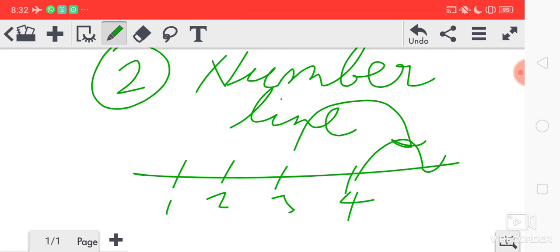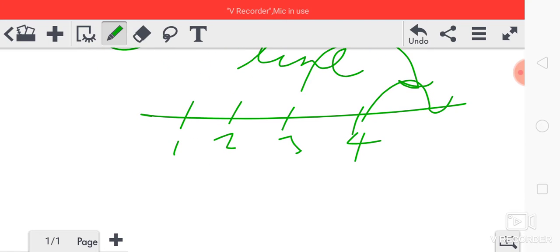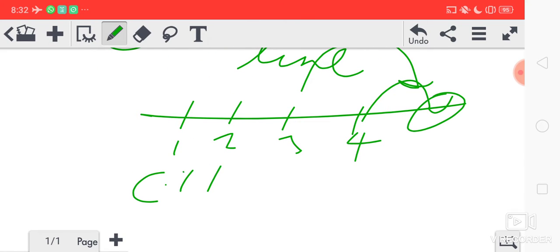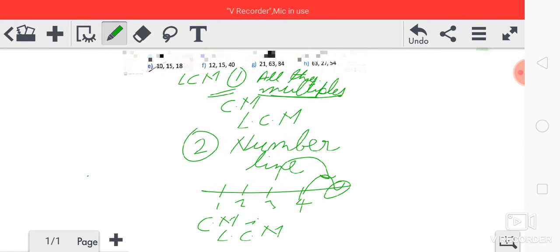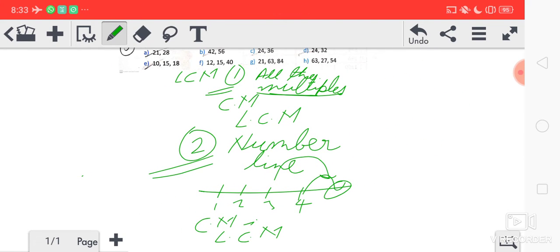And where both the arrows were falling, that was becoming your common multiple. Then among the common multiples, the lowest one was becoming your lowest common multiple. So this is the second method to find the LCM.